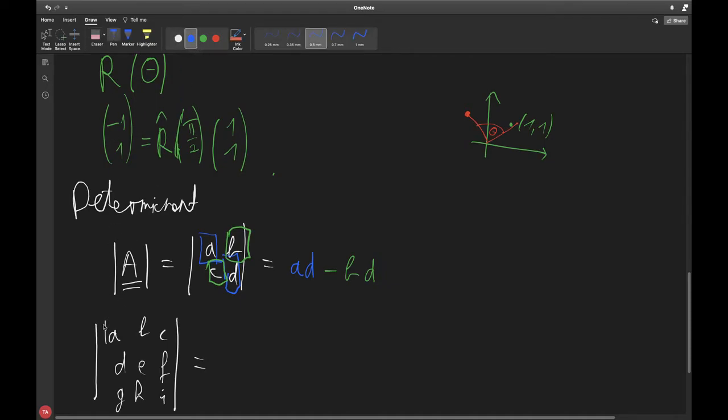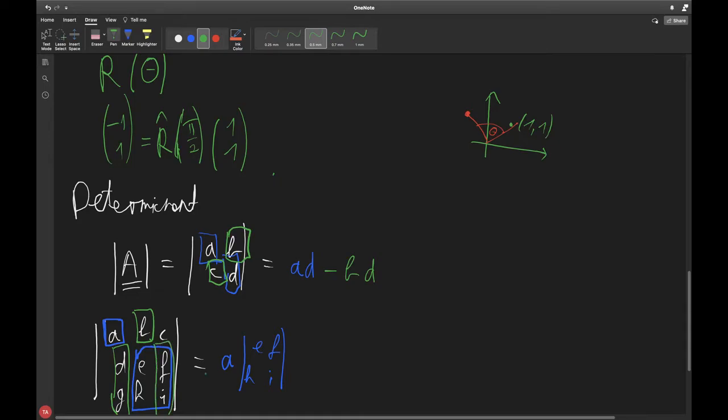We take out this element and we calculate the determinant of the rest. So this is A times the determinant of E, F, H, I, and then we have an alternating sign for the rest. So when I do with green the B, then what I need to calculate is this part and this part.